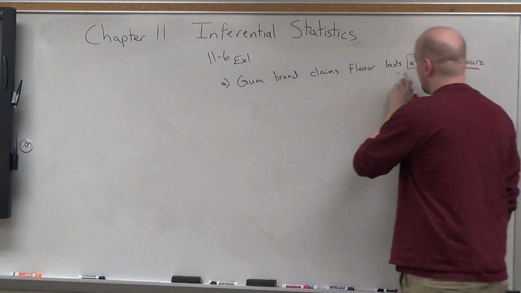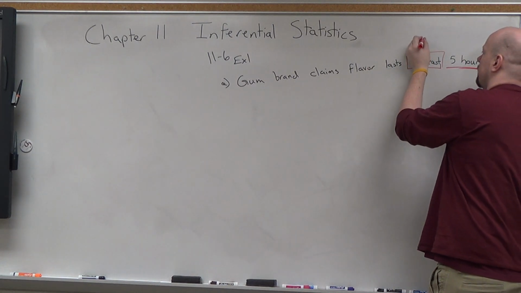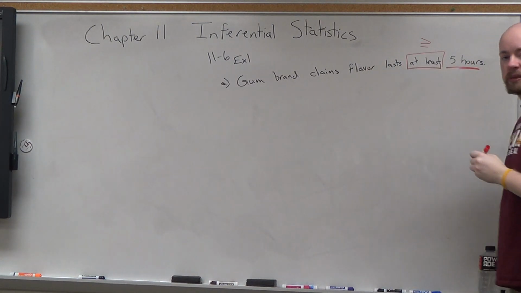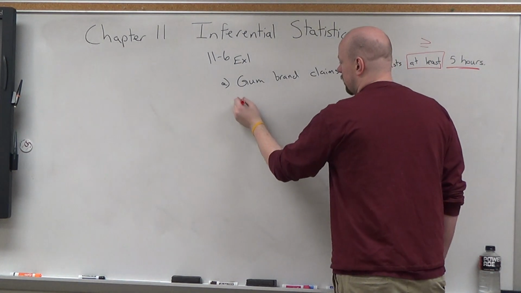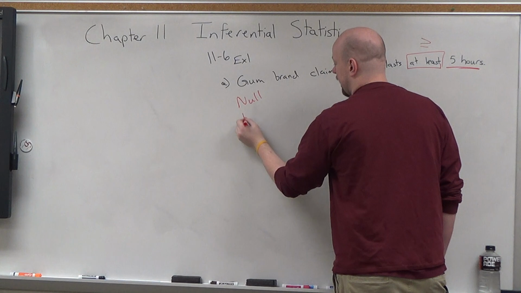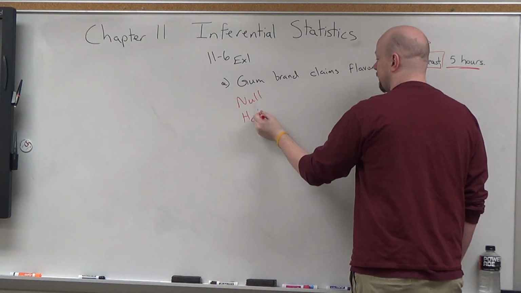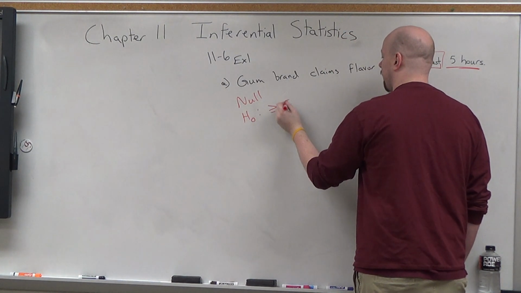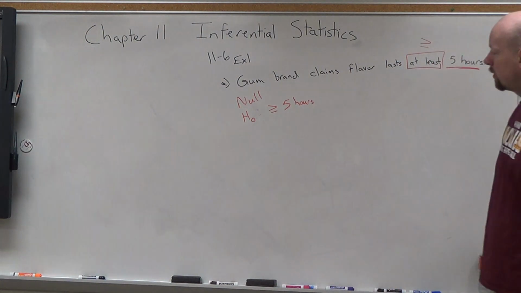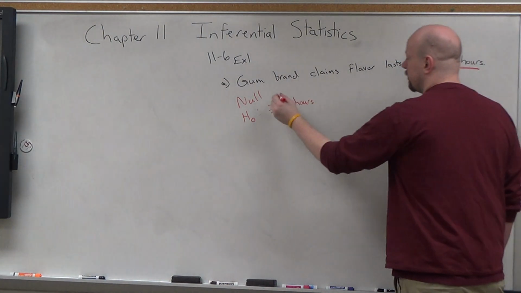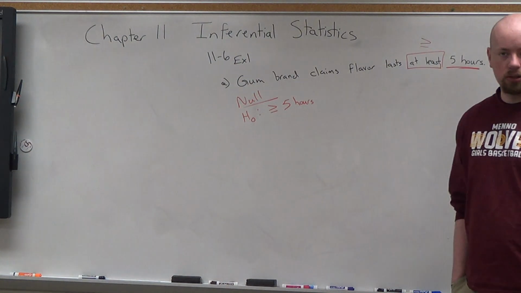This would be an "at least," so it would be a greater than or equal to expression, right? So greater than or equal to is my null. So I would get h sub 0 has to be at least 5 hours. Now my alternative is everything else.